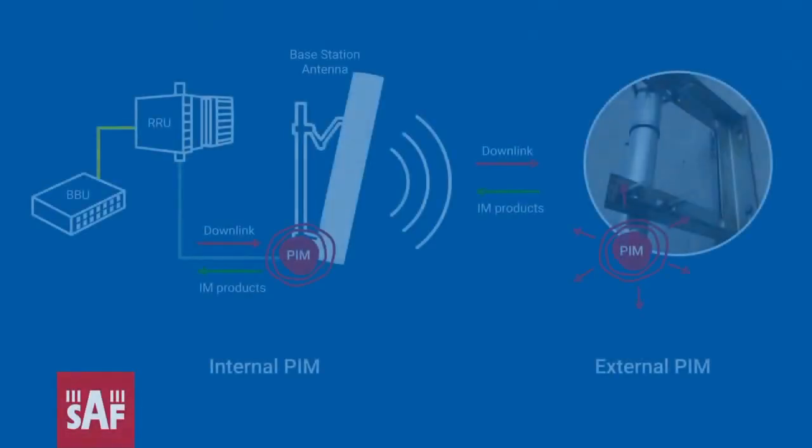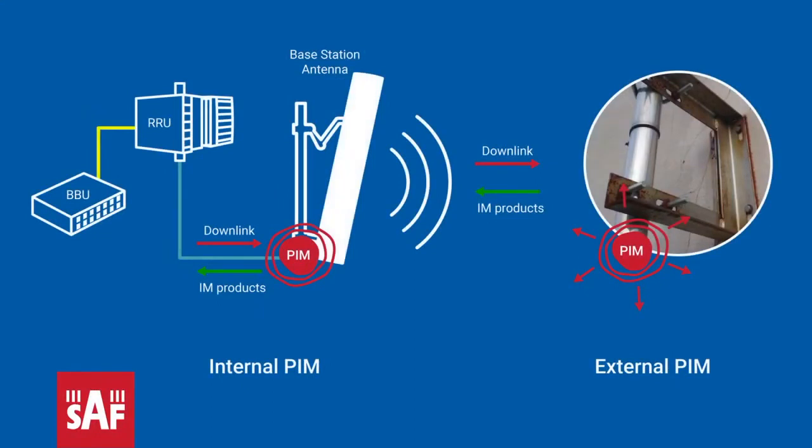External PIM is something originating outside of the antenna, maybe somewhere near the site, some objects in the way of the main beam of the site.